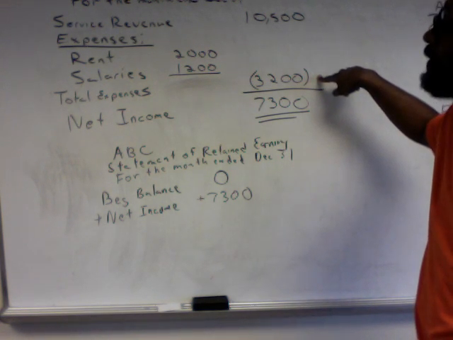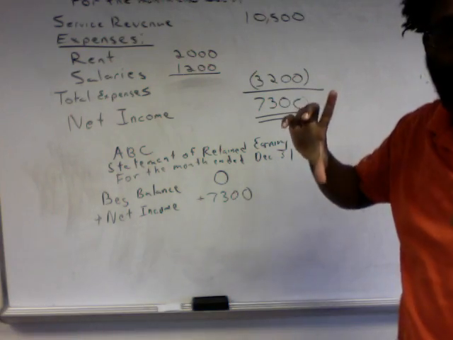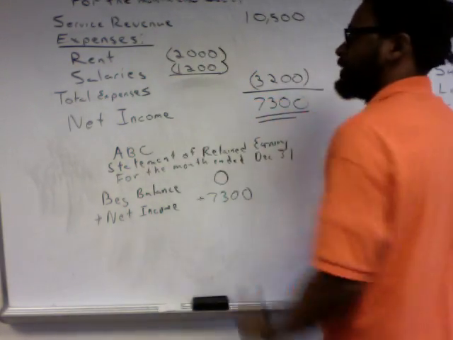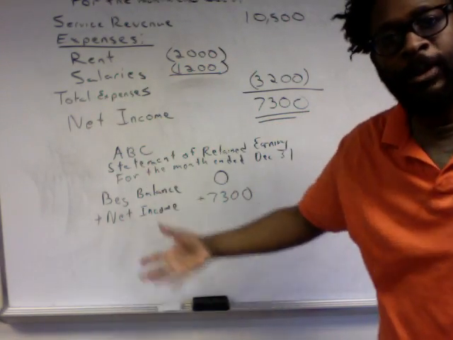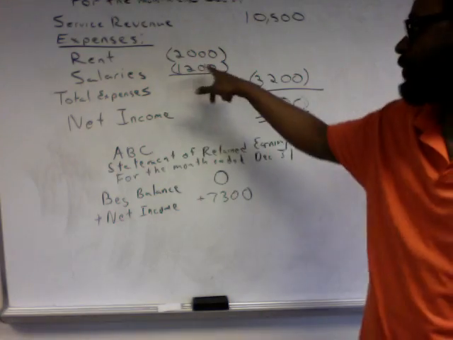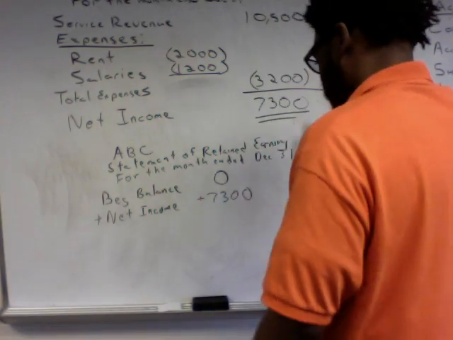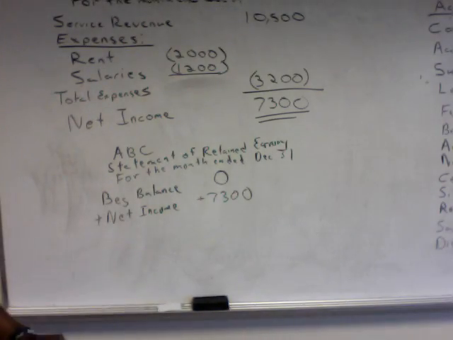Doubling back up to the income statement, parentheses is just a formal way of subtracting. So anytime you're subtracting something, you should always have parentheses. Your expenses are always being subtracted, so they should have parentheses to signify that they're being subtracted.